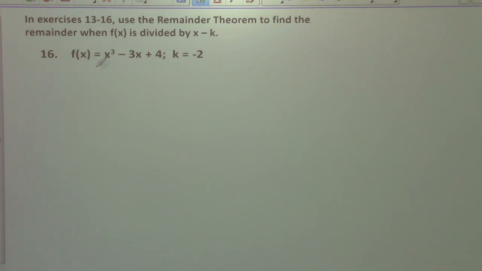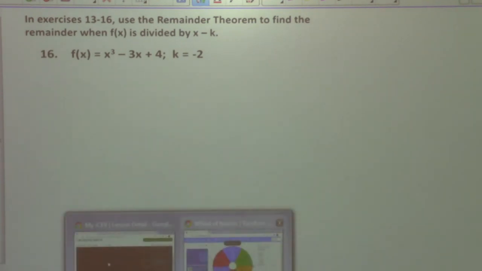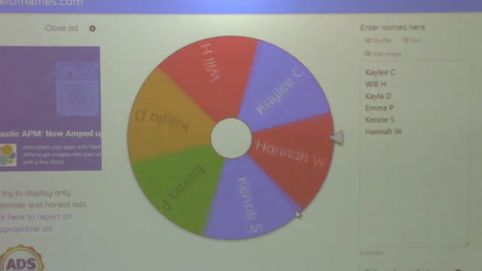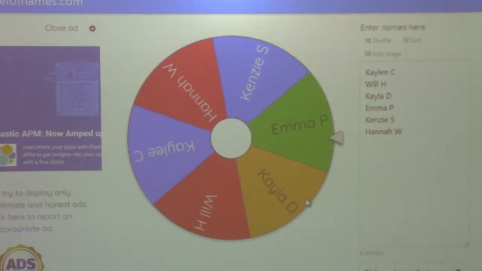And then the last one, the set. We'll get Emma.